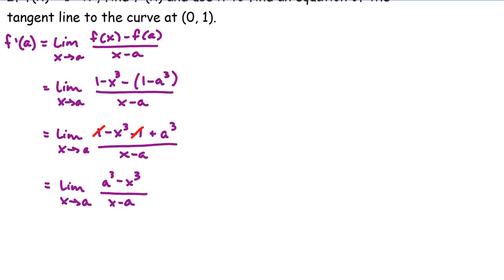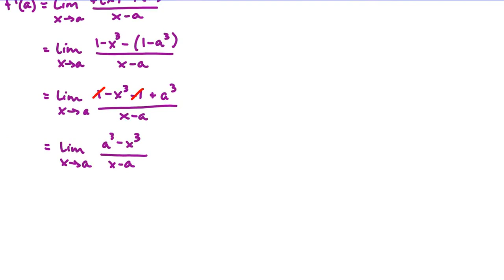Now, I'm sure you all remember from pre-calculus what to do if you have a difference of cubes, right? There's a factoring formula for that. Remember the SOAP formula? Same, opposite, always positive. So if you have a cubed minus b cubed, it factors into a minus b times a squared plus ab plus b squared.